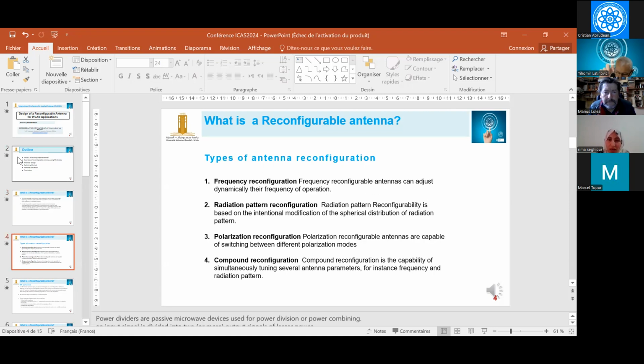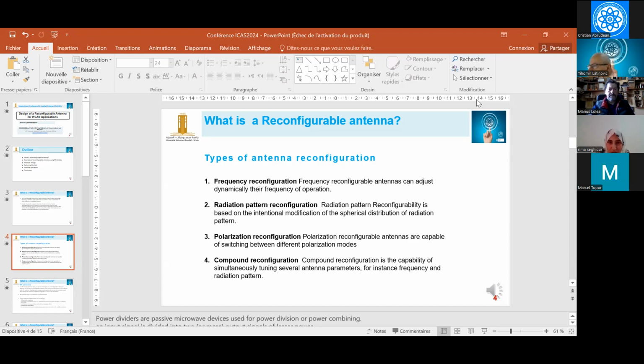There are 4 types of reconfiguration. Firstly, frequency reconfiguration. Adjust dynamically the frequency of operation. Radiation pattern reconfiguration is based on the intentional modification of the spherical distribution of radiation pattern.